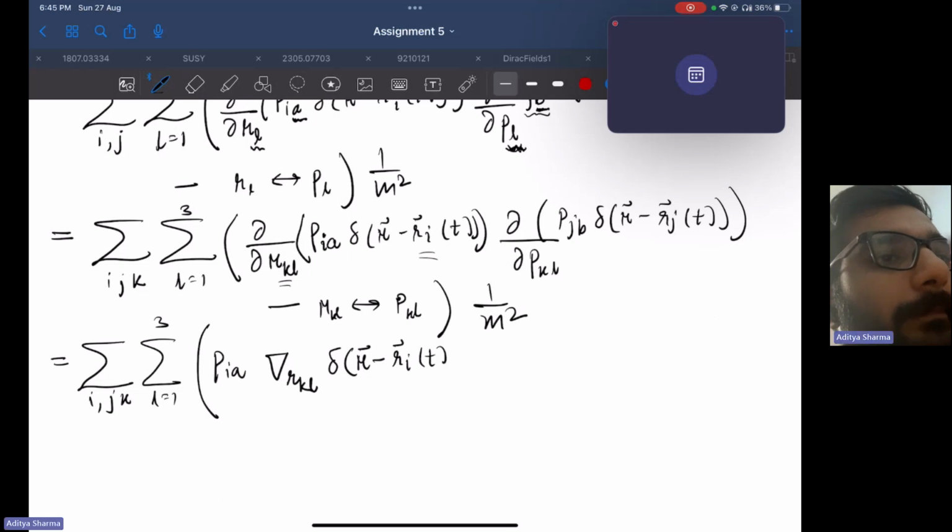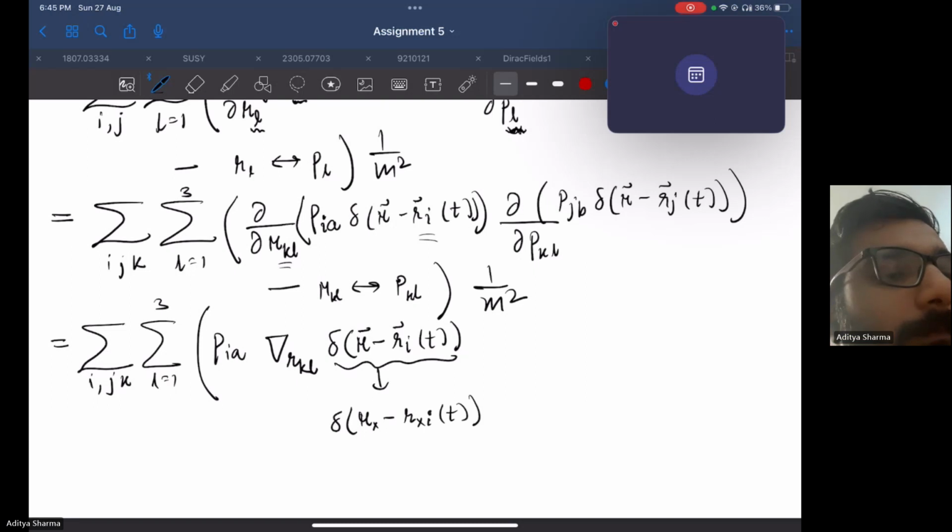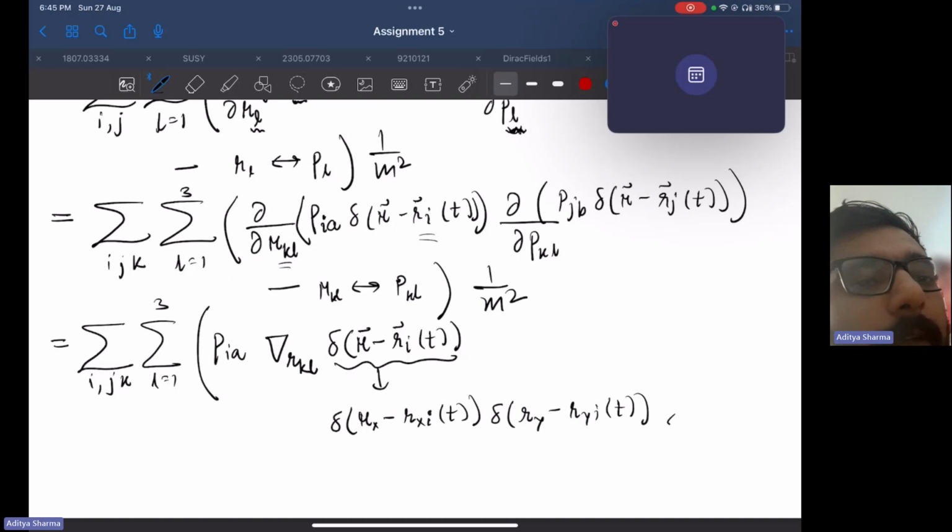Now this Dirac delta itself is a shorthand notation for the Dirac delta of R_x minus R_x for the ith particle at t, the Dirac delta of R_y minus R_y i of t, and the Dirac delta of R_z minus R_z i of t.